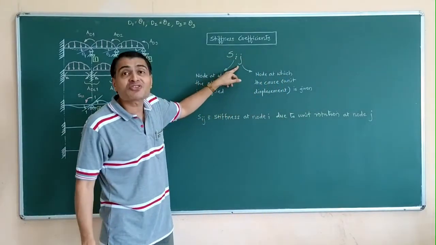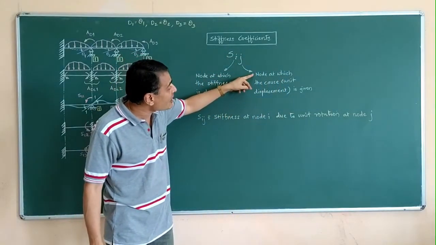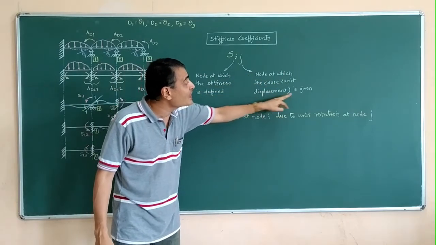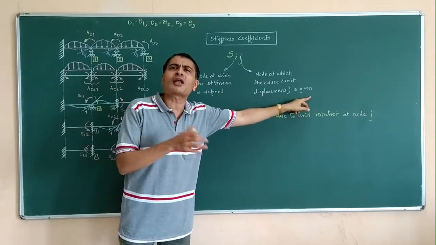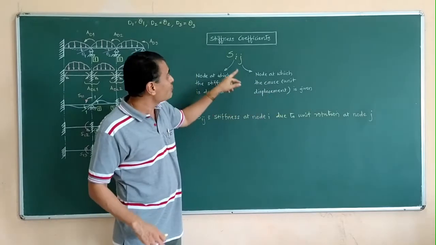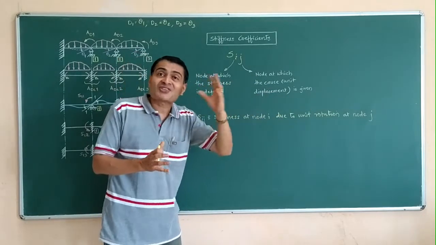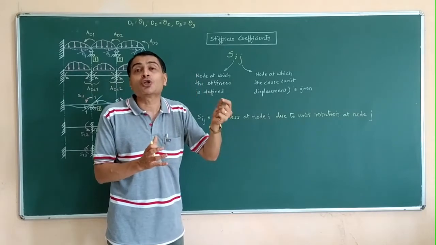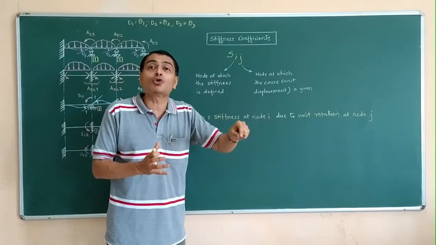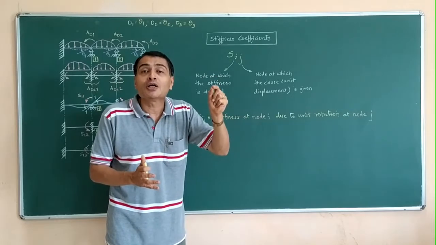So that is what I have written here. The second suffix J indicates the node at which unit displacement is given, rotation or translation. So the first suffix indicates the location of that action, and the second suffix indicates the location where you are imposing unit displacement.